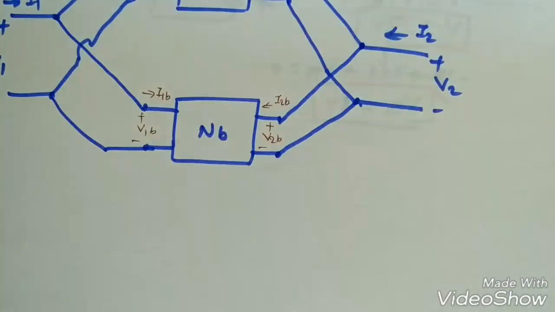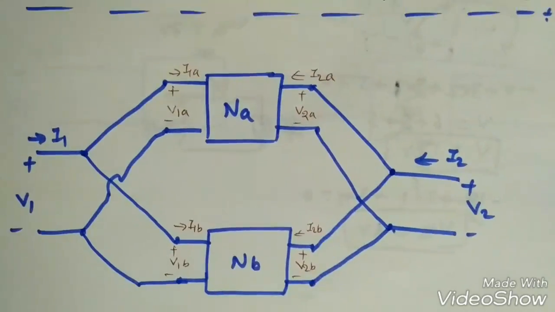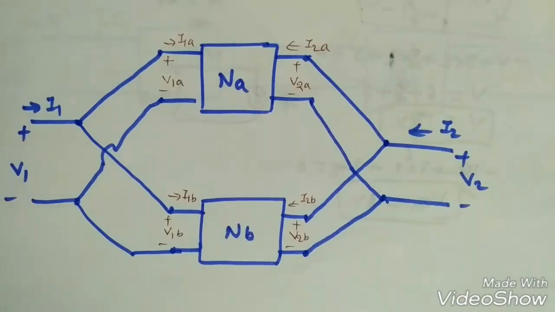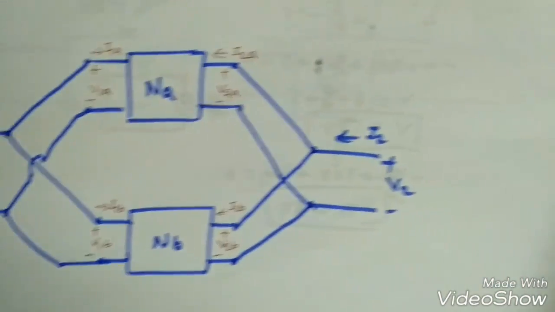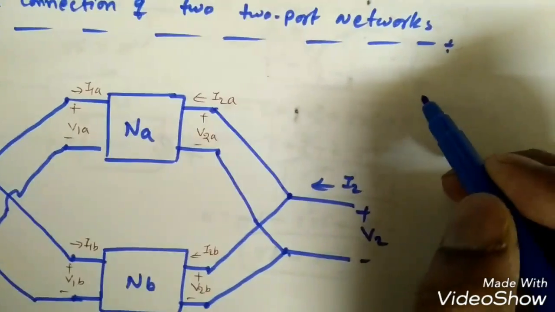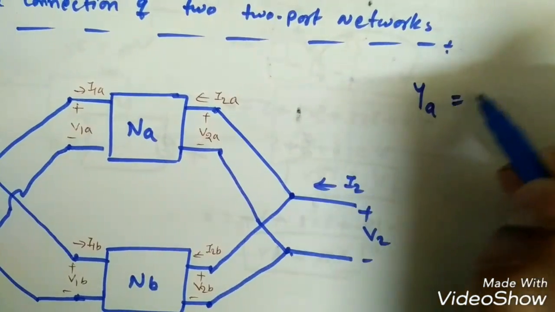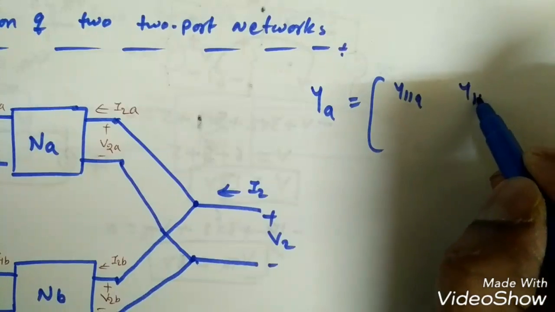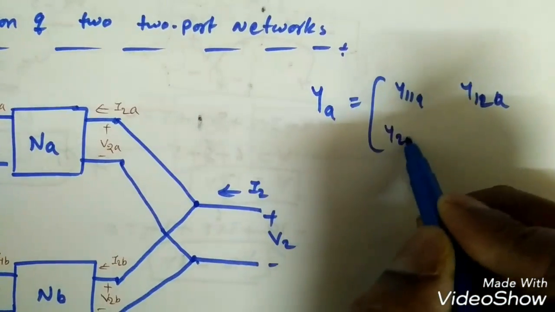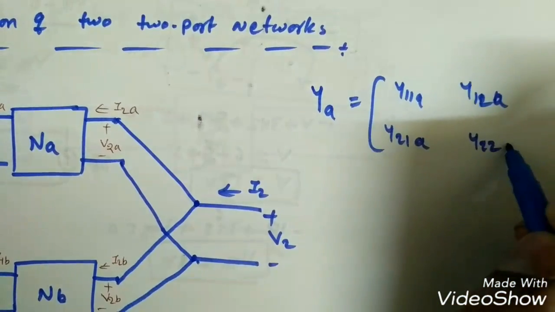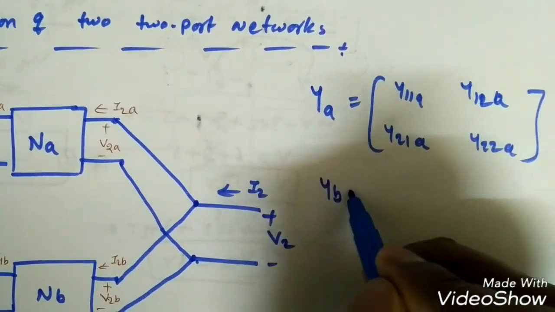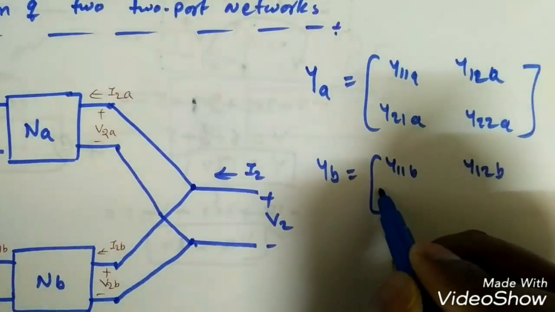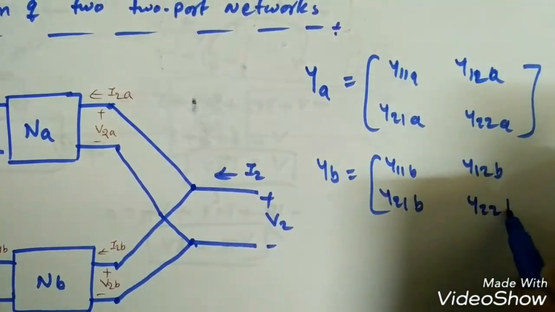Similarly, consider a parallel connection of two port networks. Whenever there is a parallel connection, for each network we find the Y parameters: YA is Y11A, Y12A, Y21A, Y22A for network A, and similarly YB is Y11B, Y12B, Y21B, Y22B.